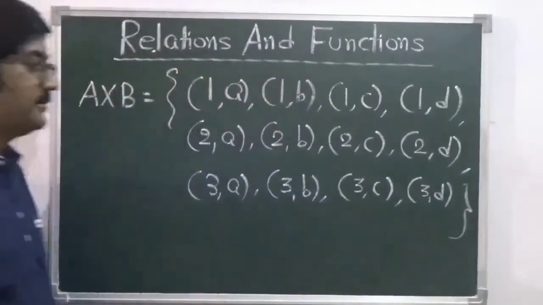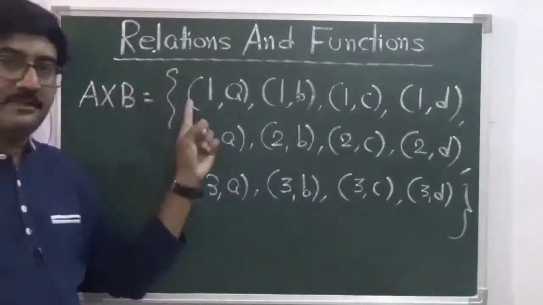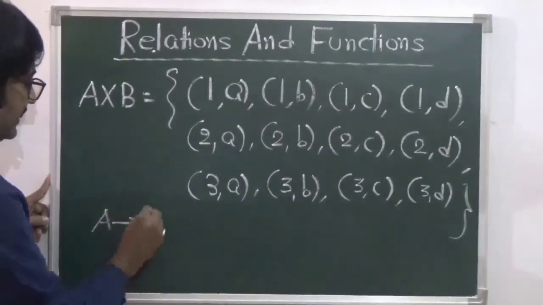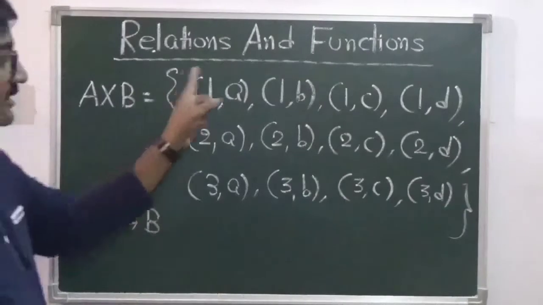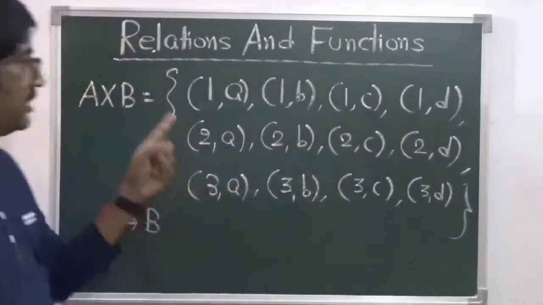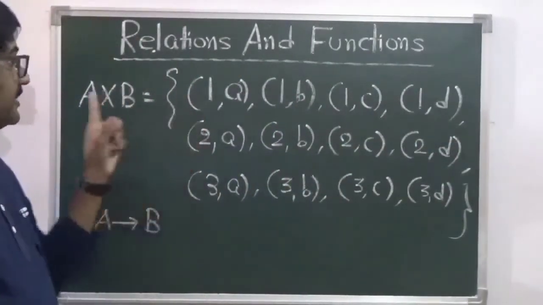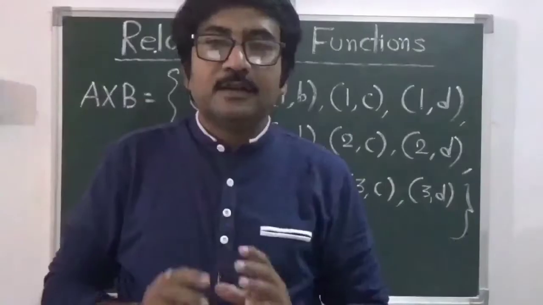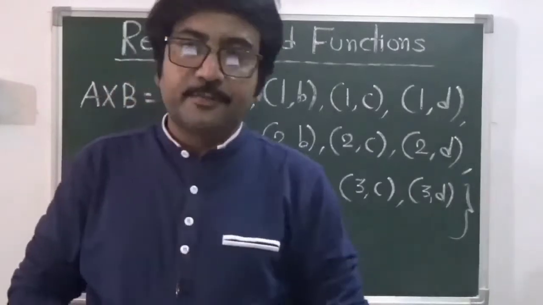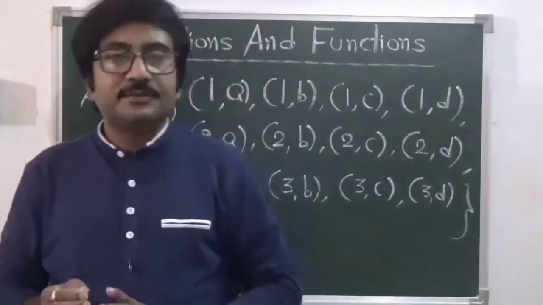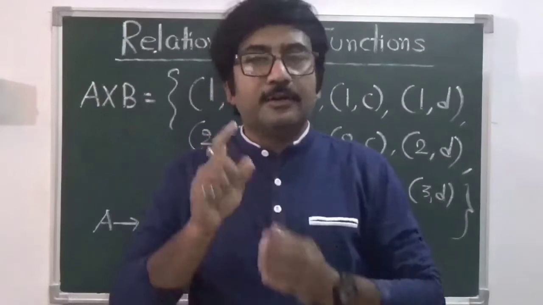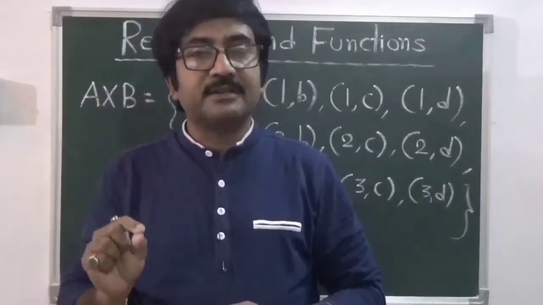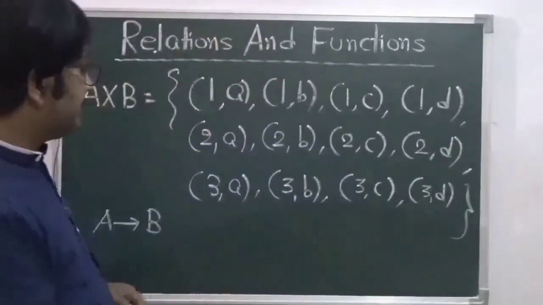So this is the Cartesian product of A and B, represented by A cross B. You can write it as moving from set A to set B. These are all the ordered pairs where each first element is from set A and the second element is from set B. Please note, order in the ordered pair is important.